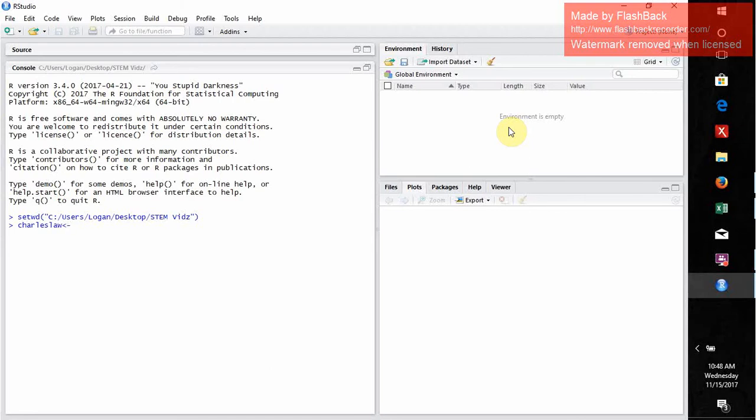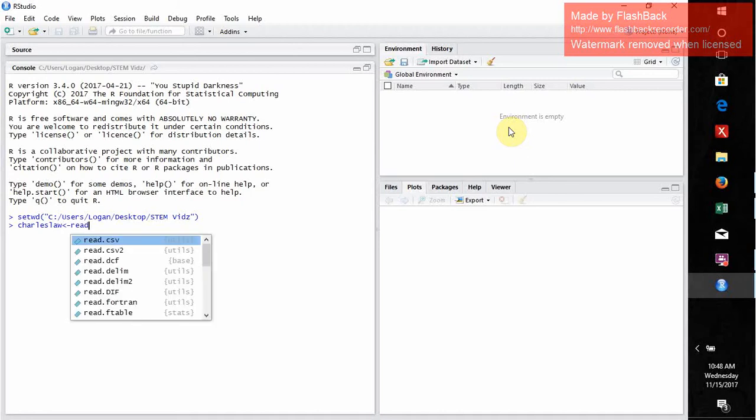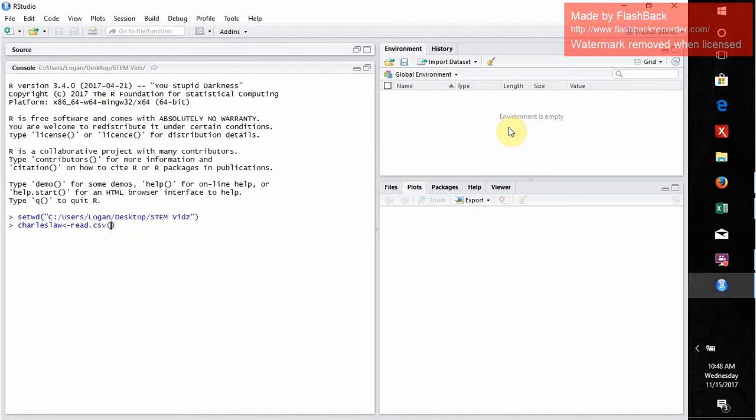And remember that it's saved as a .csv file, so we need to use the read.csv code. And remember that that file, that Excel spreadsheet, is titled charleslaw.csv. So we can now see that it's been brought into our global environment.